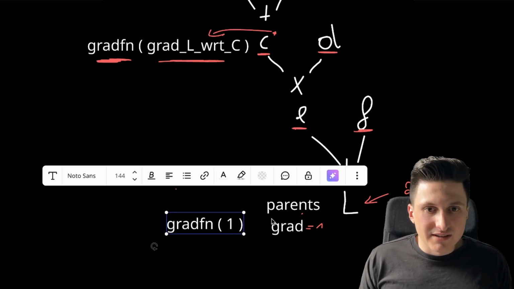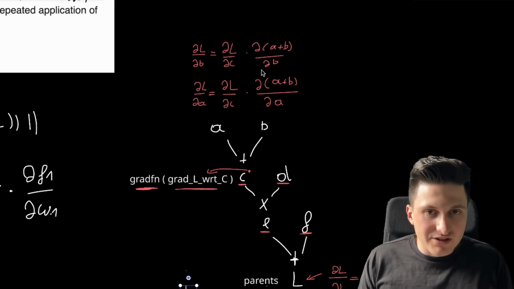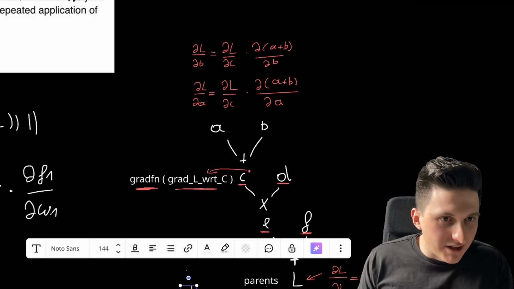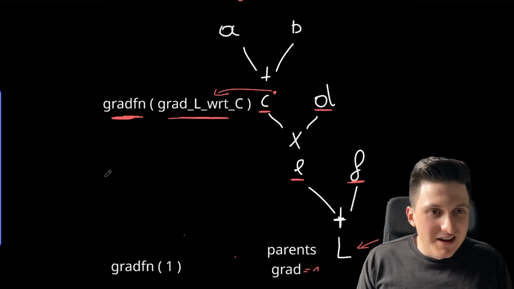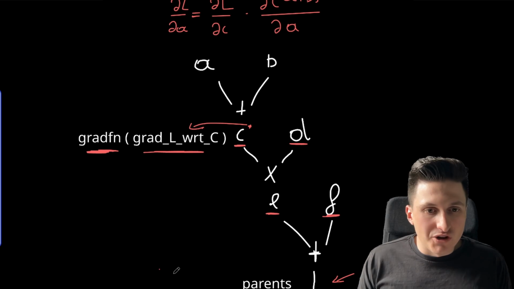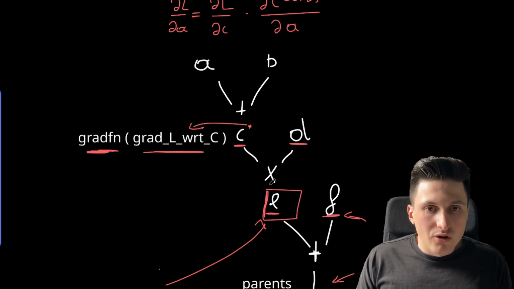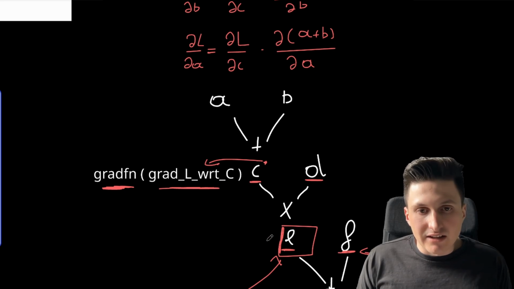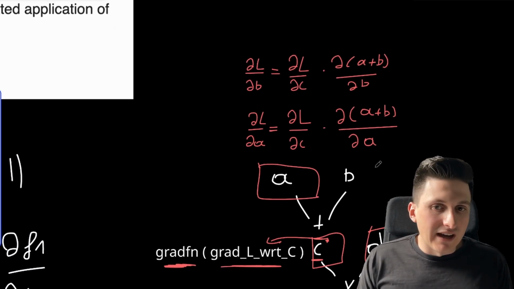And using this grad fn, which will contain the logic on how to calculate both these E and F, and then once we know E, we can let E invoke its grad fn function, which will calculate the gradients of C and D. Then we know C, and we can calculate A and B.